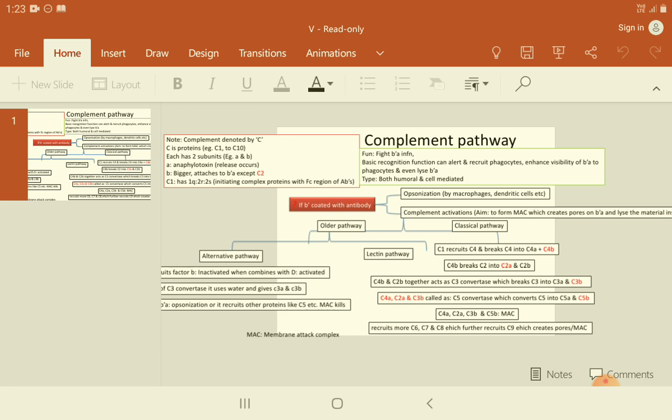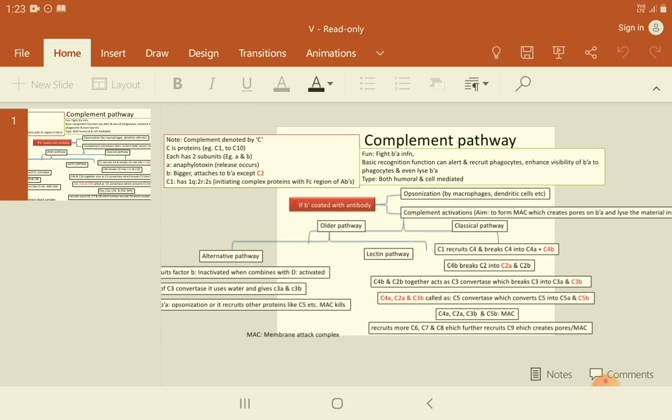So what we have now? C4B, C2A and C3B are called the C5 convertase, which converts C5 into C5A and C5B. Here I have some mistakes, I'll correct them later on. So all together C4B, C2A, C3B and C5B.